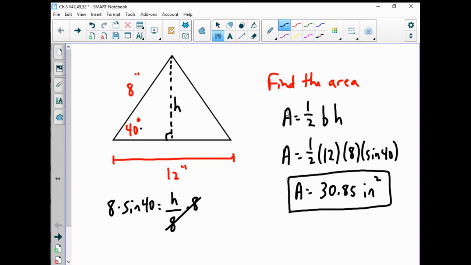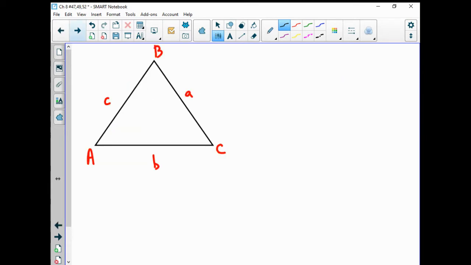So let's kind of note the information we had in this one. If we look at the information we started with, we really started with this side. We started with a side over here, and we had the angle that was in between those two sides. Or, if we noticed it, it's really back to everybody's favorite.